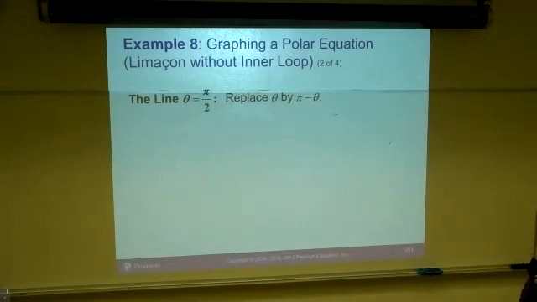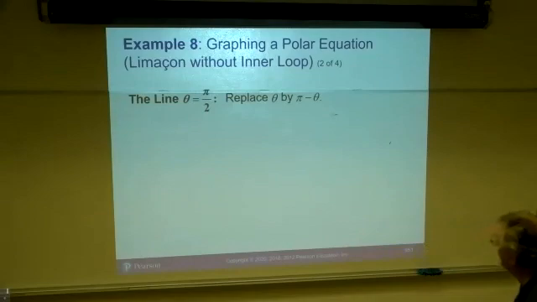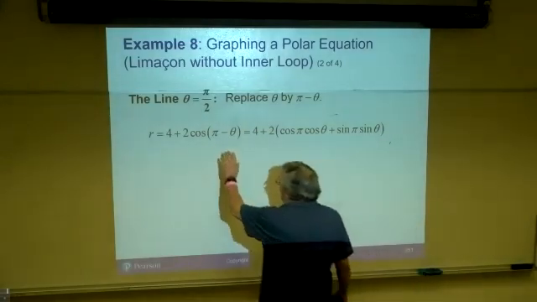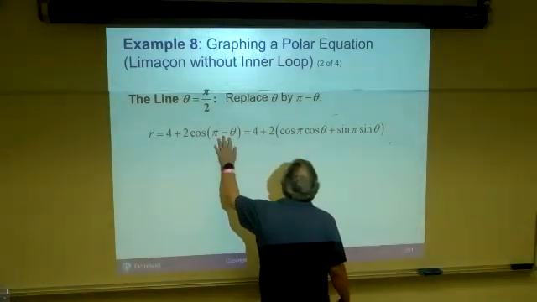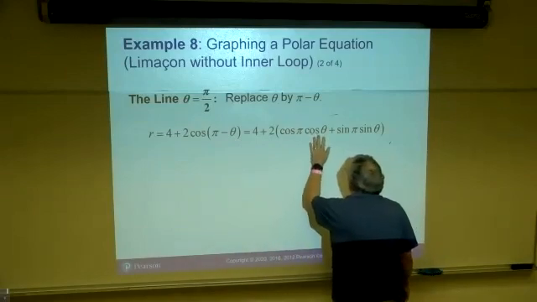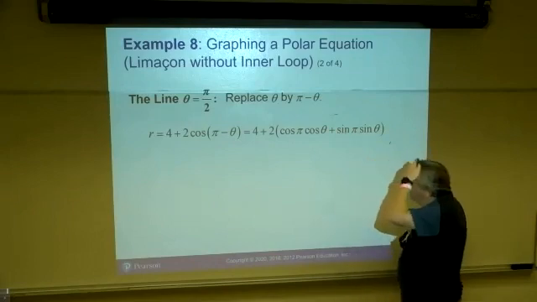And then replace theta with pi minus theta. So you do the subtraction, cosine of the difference of 2 angles. So it's the cosine times the cosine of the 2 angles plus the sine times the sine of the 2 angles.